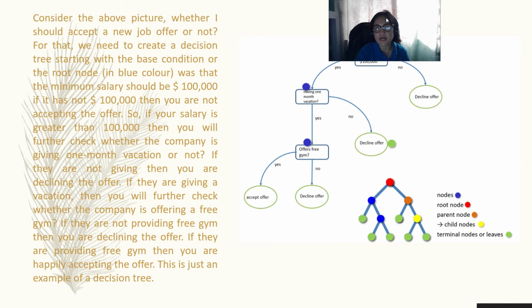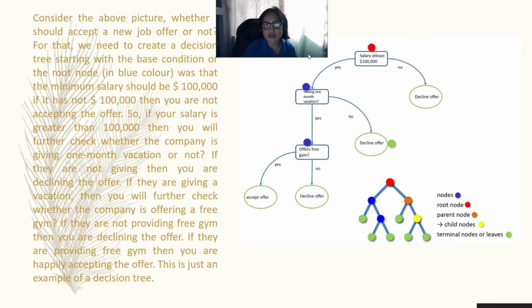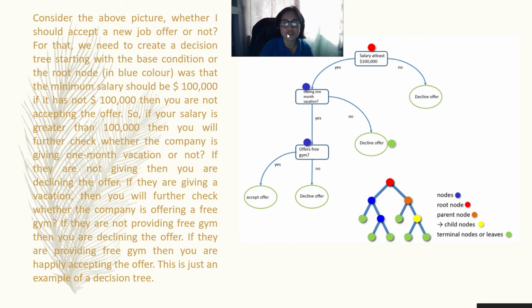So let's say, for example, this problem, consider the picture beside the presentation, is whether to accept a new job or not. There is a job being offered to you, and you are on the verge of deciding whether to accept it given this situation.